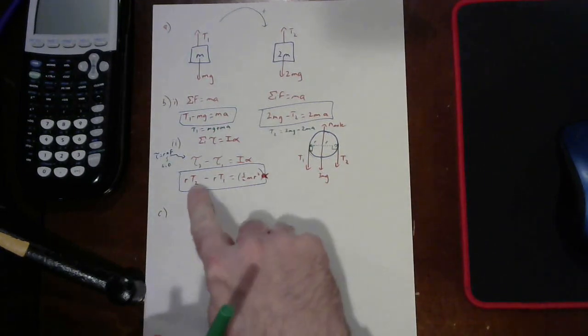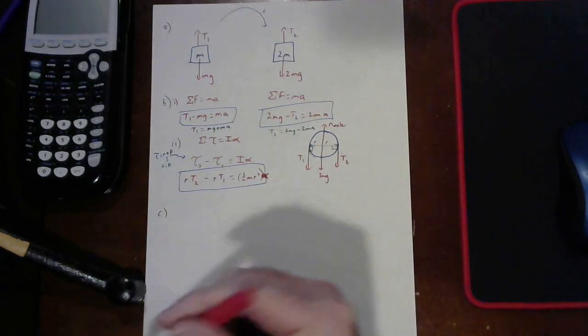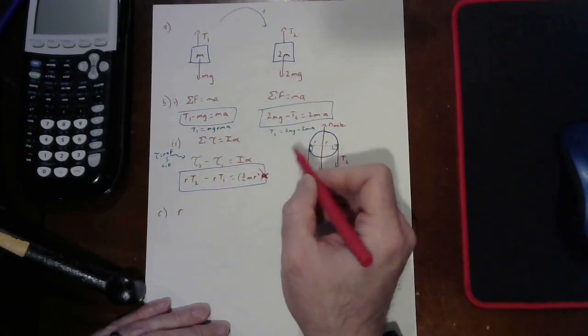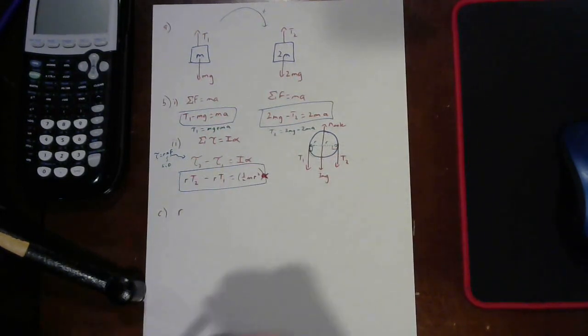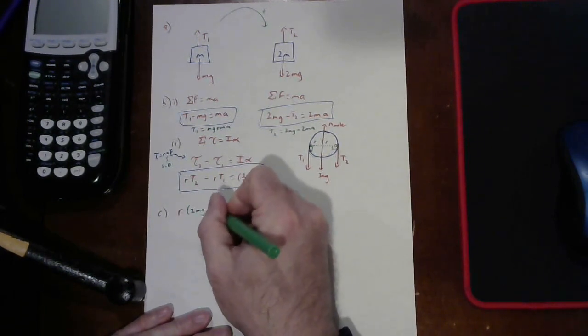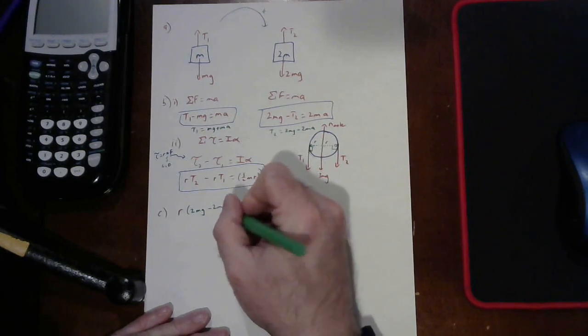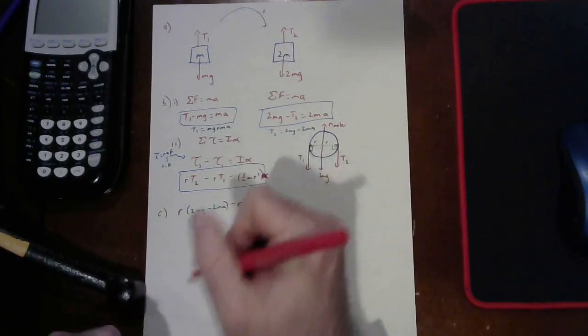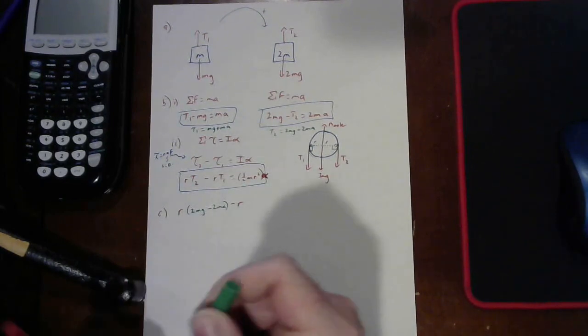All right, I'll be substituting those in here. So I'm going to have R, and instead of T2, I'll have this expression, 2mg minus 2ma, minus R times T1, where T1 is mg plus ma.